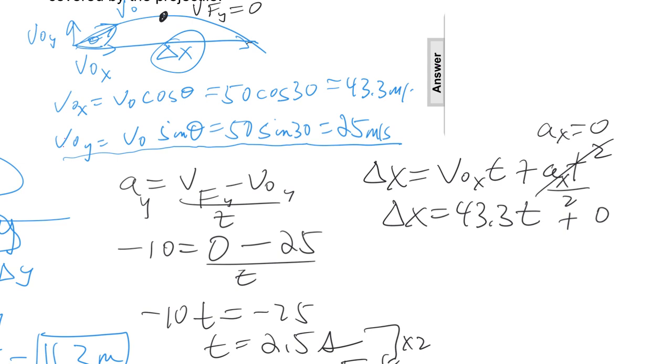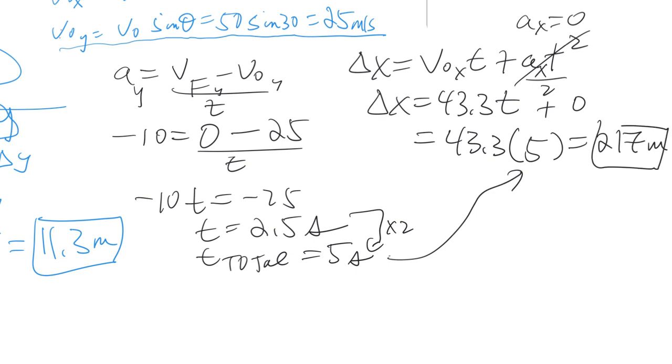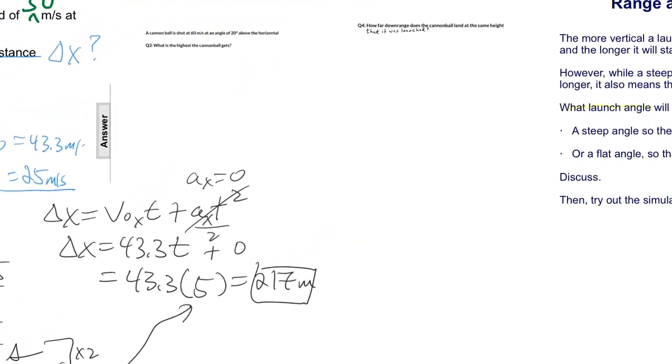We found the time already. The total time is 5. So delta x is 43.3 times 5. 206.5 or 217 meters. Okay.